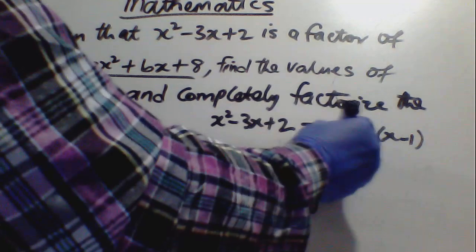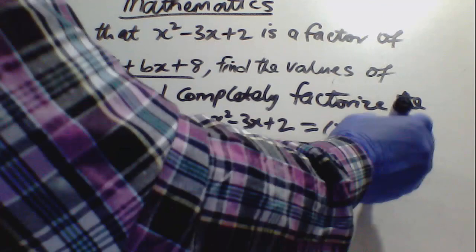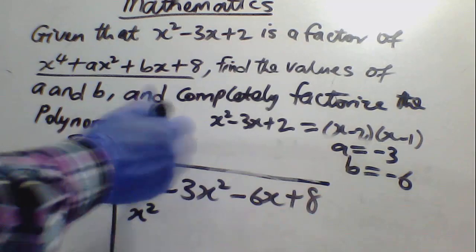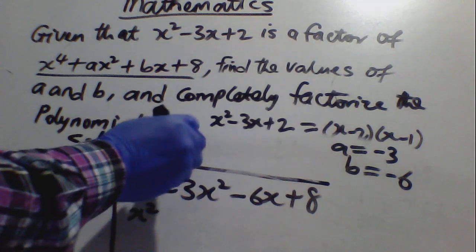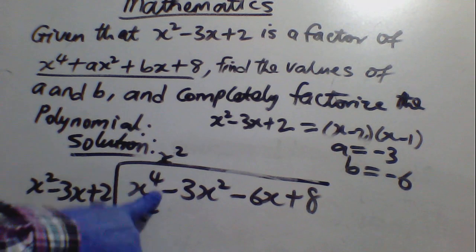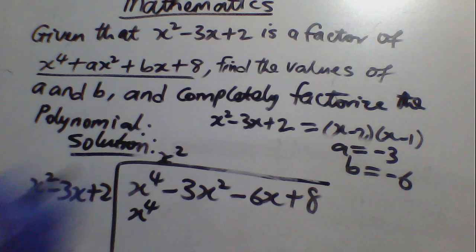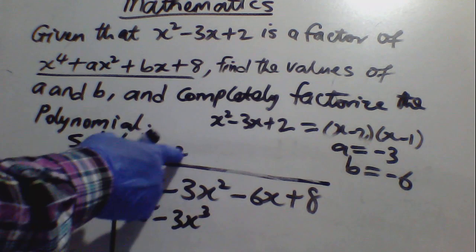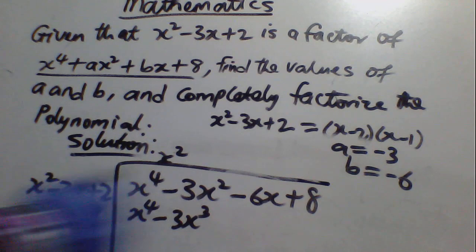Sorry, a is equals to minus what? Minus 3. b is equals to minus 6. So x raised to power 2 times x raised to power 2 will give us x raised to power 4. x raised to power 2 times minus 3x will give us minus what? 3x raised to power 3. x raised to power 2 times plus 2 will give us what?